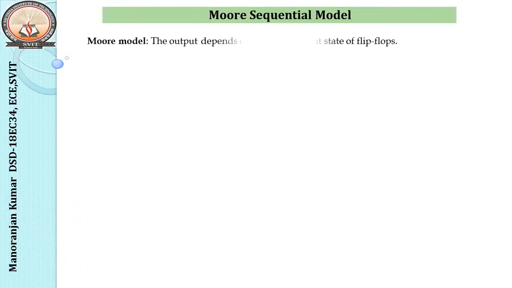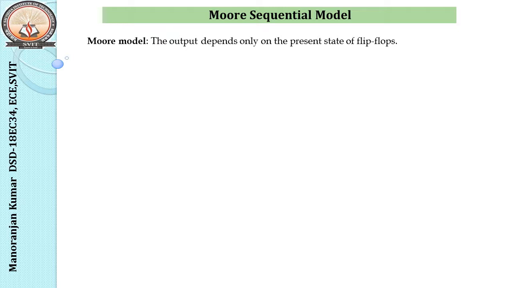First, what is a Moore sequential model? In the case of the Moore model, the output of a sequential circuit at any instant of time depends only on the present state of the flip-flop. What do we mean by the present state of a flip-flop? When you take any flip-flop as an example, the outputs you are generating, QA, QB, QC, are the present states of the flip-flop. So in this case, the input does not affect the operation of the Moore sequential model.